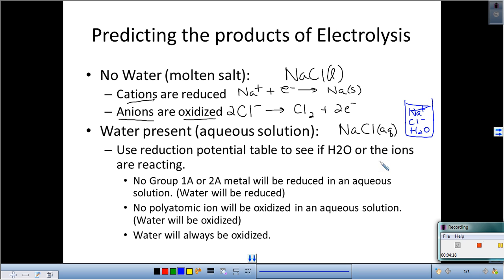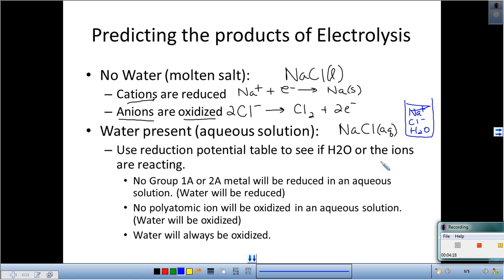The top reaction is the reaction you would use if water is oxidized. Because you flip it, it becomes an oxidation reaction. Water is oxidized in that reaction. The bottom one is a reduction reaction, and water is a reactant. Therefore, that's the reduction of water.